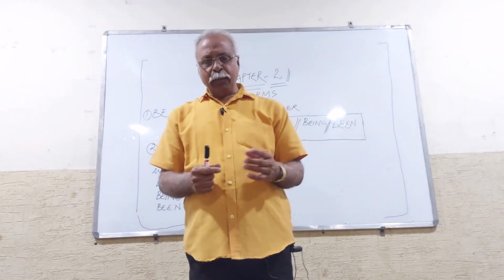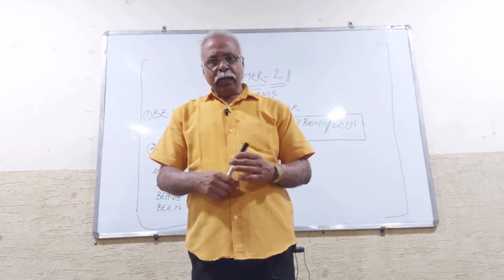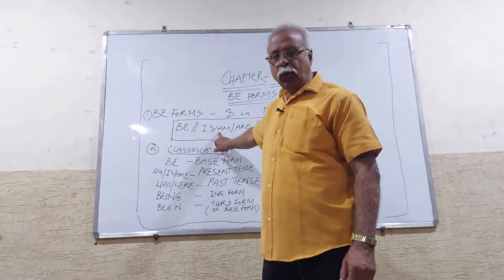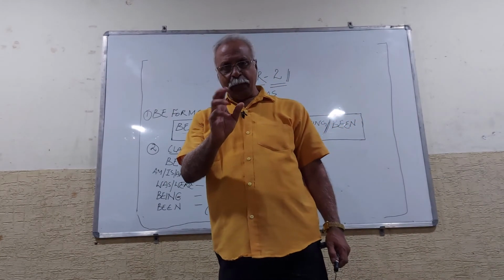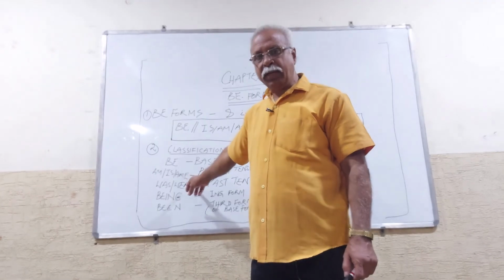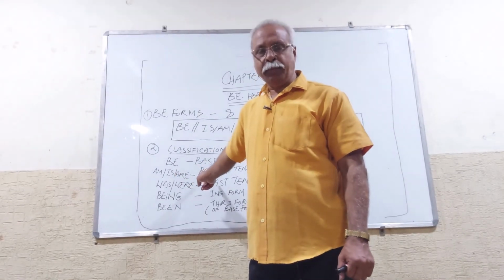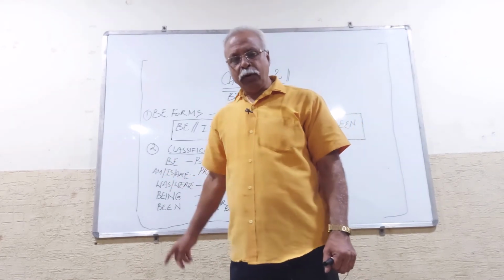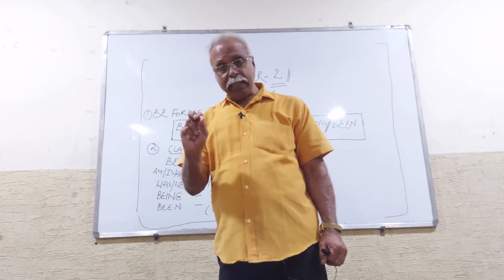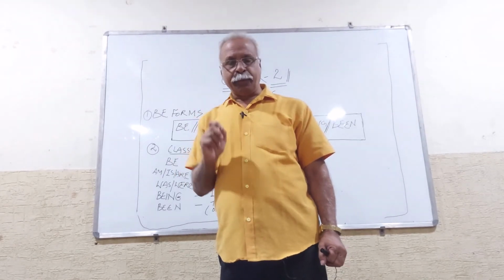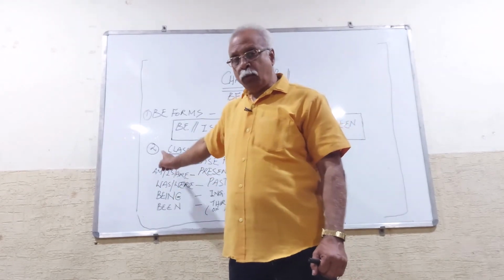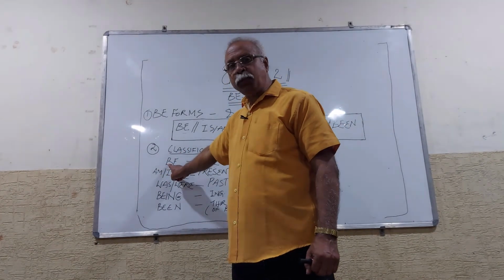Well, that's all about be forms, my dear friends. In a nutshell, let me tell you, be forms are 8 in number: be, is, am, are, was, were, being, and been. And these can be classified in this table as be as base form; is, am, are as the present tense be forms; and was and were as the past tense be forms; and being as the continuous tense or the ing form of the original be form, that is base form.